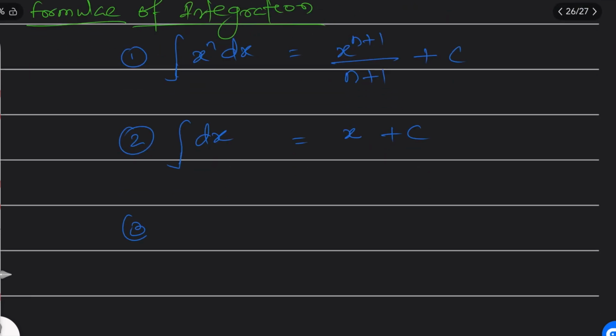Similarly, third, integration of e to the power x dx. What will it be? e to the power x. Integration and differentiation of the function e to the power x are the same, it does not change.